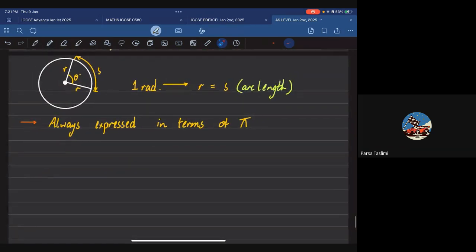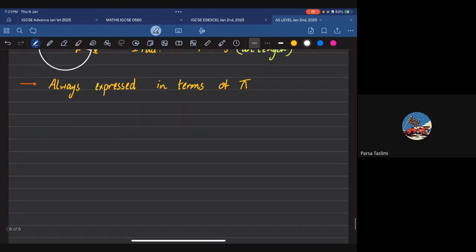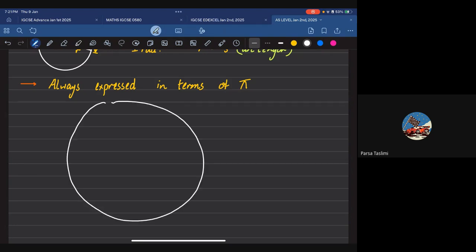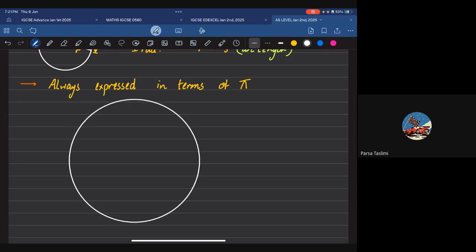Now, how are we going to use radians when we're trying to find area and arc length? Let's look at this. I take a circle and draw a sector.